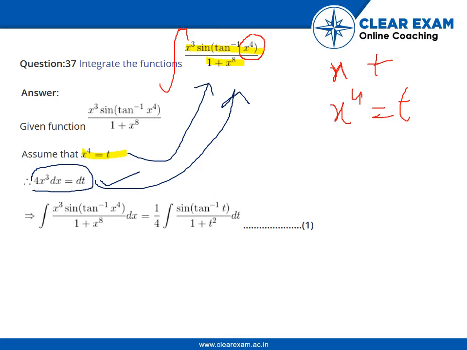After making all the substitutions, we get our final integration as 1 by 4 into the integral of sine of tan inverse t upon 1 plus t square.